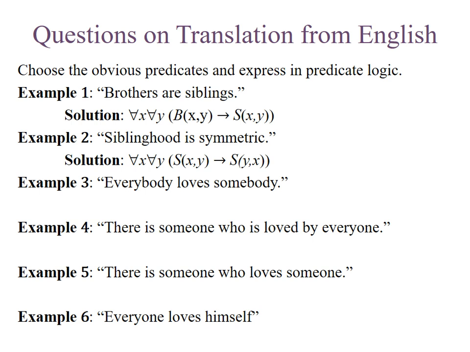Okay, next one, everybody loves somebody. Okay, that means for all people, there is someone who they love. So maybe we can define L(x, y) that means x loves y. Once we have the propositional function L(x, y), then how do we assert everybody loves someone, right?